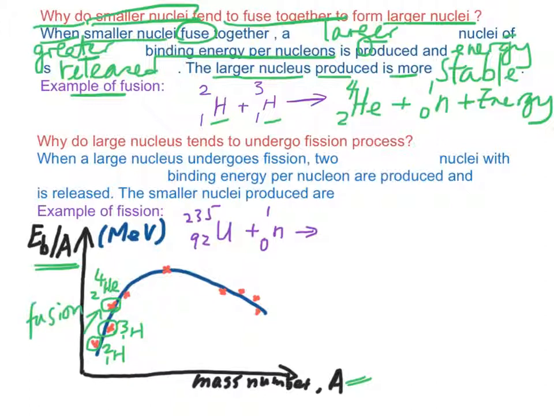In this case, the helium nucleus has greater binding energy per nucleon, which means that it is more stable.